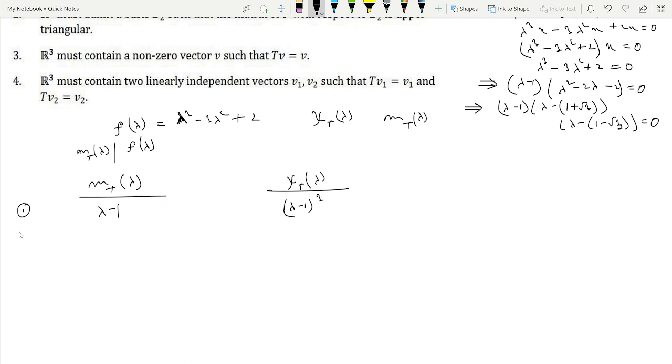Number 2, m T lambda may be only lambda minus 1 plus root 3, that means 1 plus root 3 is the only eigenvalue of T, then the characteristic polynomial should be lambda minus 1 plus root 3 whole cube. In a similar manner, m T lambda may be only lambda minus 1 minus root 3, and the corresponding chi T lambda is lambda minus 1 minus root 3 whole cube.